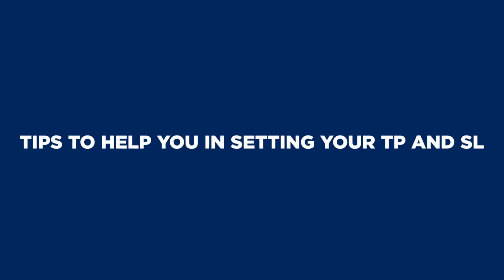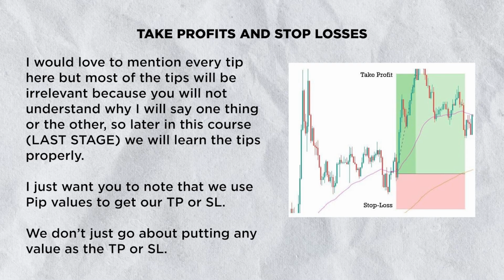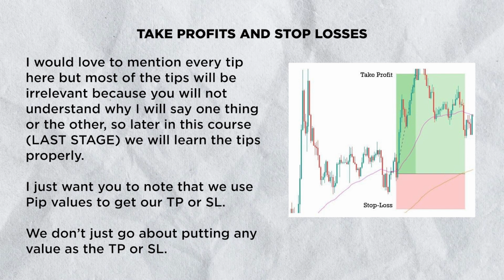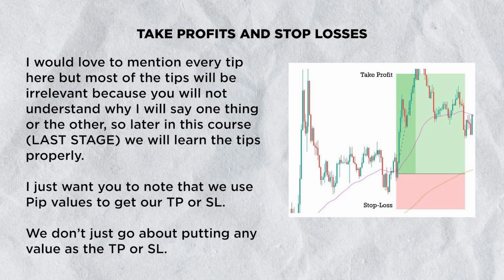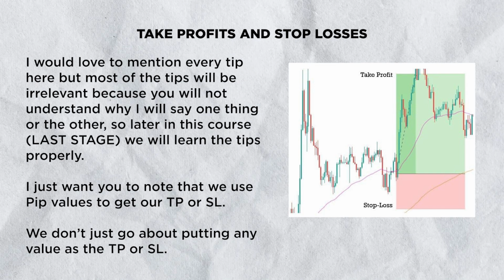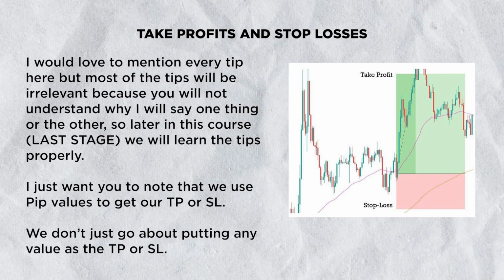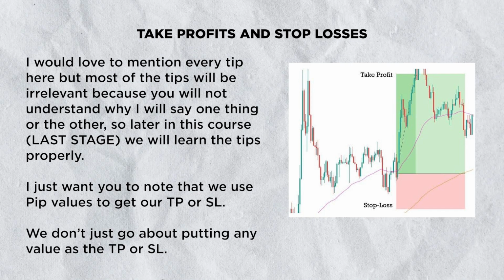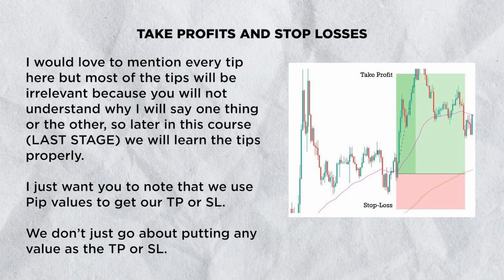Tips to help you in setting your TP and SL. I would love to mention every tip here, but most of the tips will be irrelevant because you will not understand why I will say one thing or the other. So later in this course, we will learn the tips properly. I just want you to note that we use pip values to get our TP or SL.